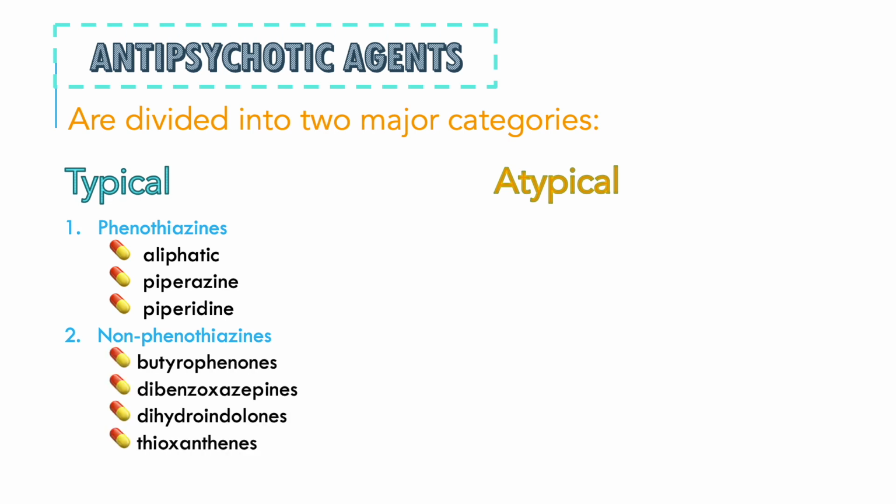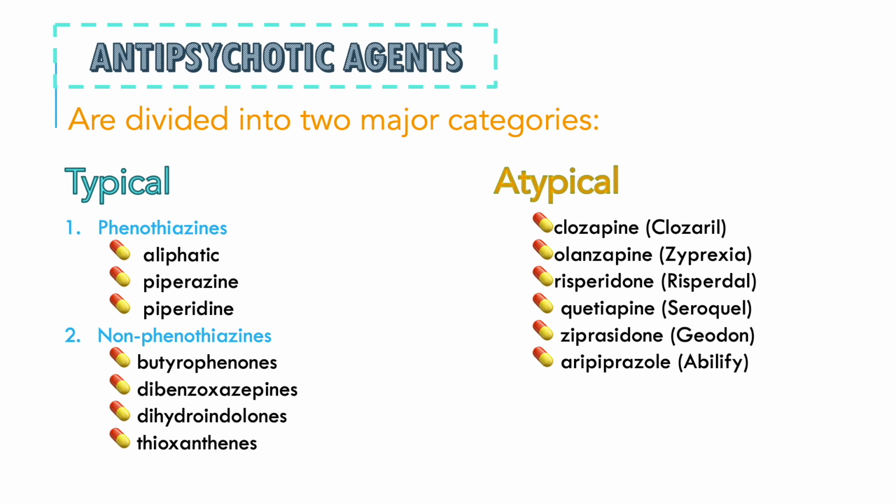Non-phenothiazine, we have the butyrophenones, the benzoxazepines, the hydroindolones, and the thioxanthines. Examples of medications for the atypical antipsychotic agents include clozapine, olanzapine, risperidone, quetiapine, ziprasidone, and aripiprazole.